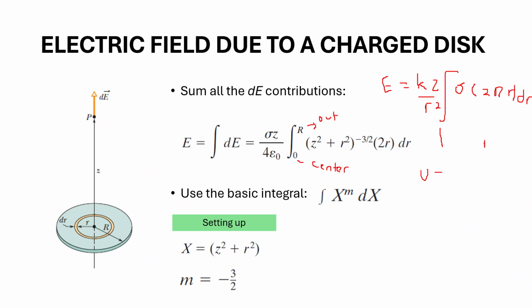So u equals z squared plus r squared. Then du over dr equals 2r, so du equals 2r dr.